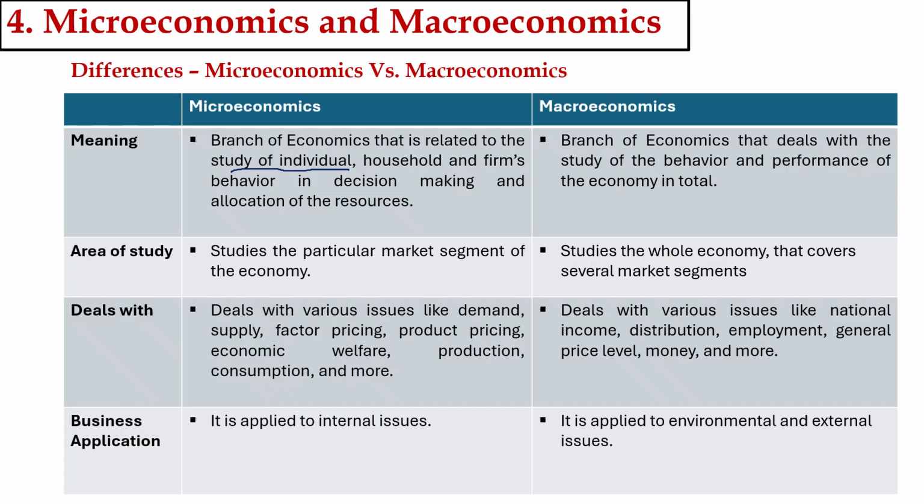So it deals with an individual, single person, single company, single business, single industry. Whereas macroeconomics, remember A for all, deals with the study of behavior and performance of the economy in total, meaning the behavior and performance of the total country.